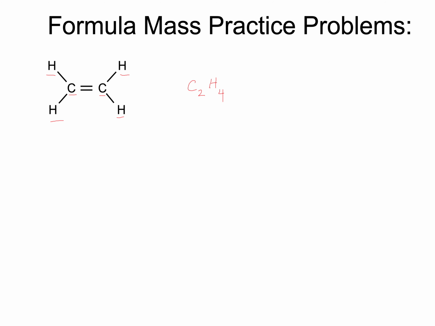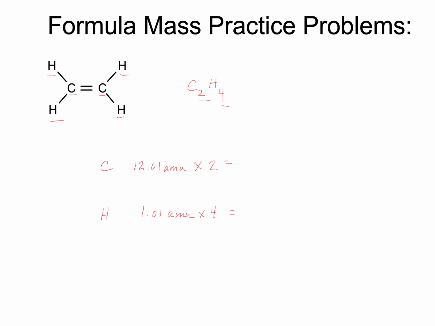So to calculate this, we'll have carbon and hydrogen. Average atomic mass unit is 12.01 for carbon. For hydrogen, it is 1.01. And we multiply each times their subscripted number in the formula. So this is 2 carbons and 4 hydrogens.